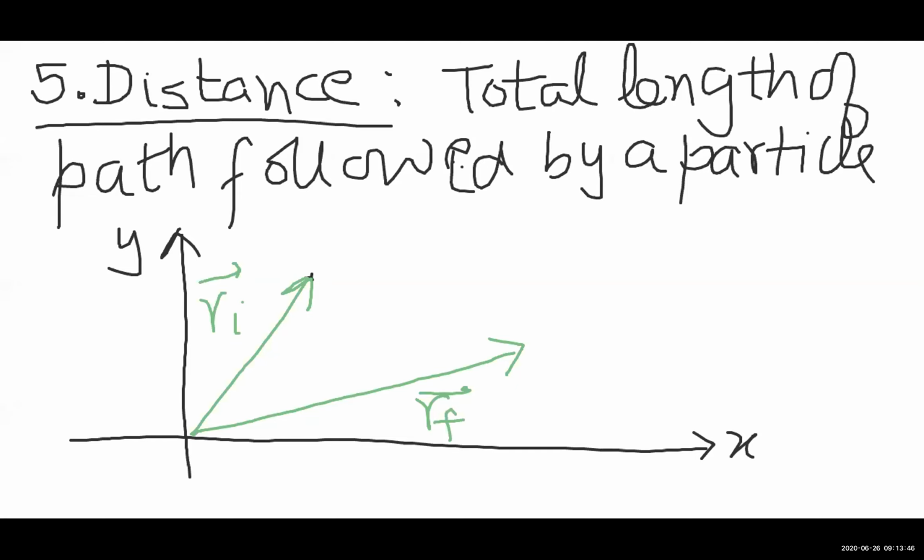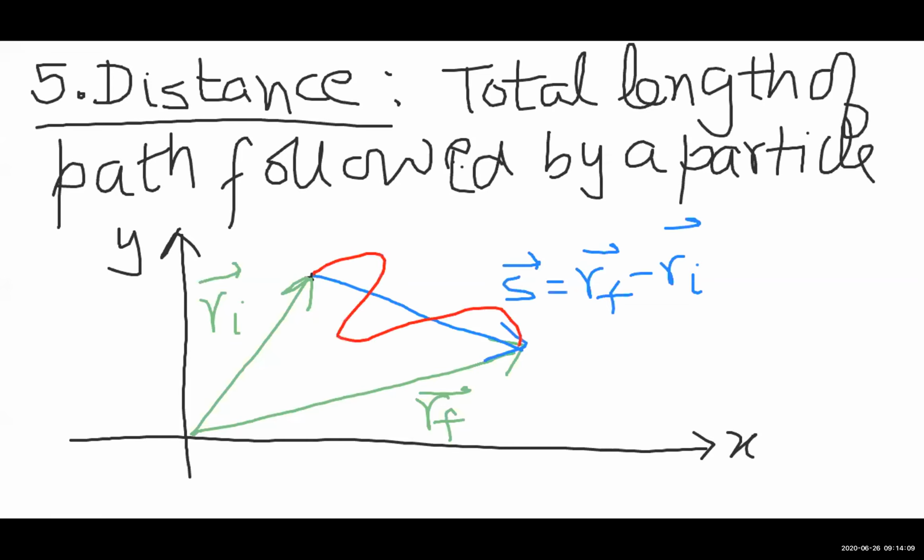Therefore, this would be the displacement vector, right? RF minus RI. But the path of the particle may be completely different. This is the path of the particle.